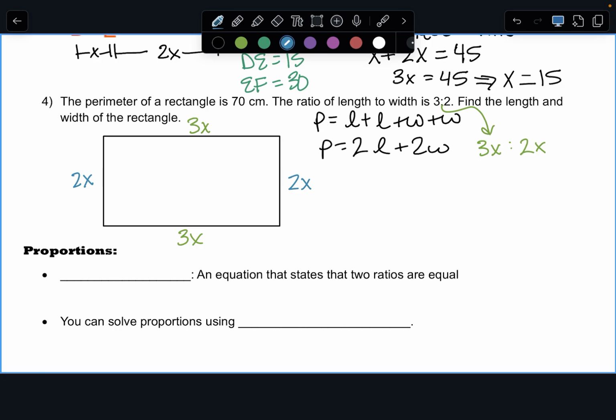Now, my perimeter, they told us, was 70. So I'm going to plug my length, my width, and my perimeter into this formula. So 70 is equal to 2 times my length, which is 3x, plus 2 times my width, which is 2x.